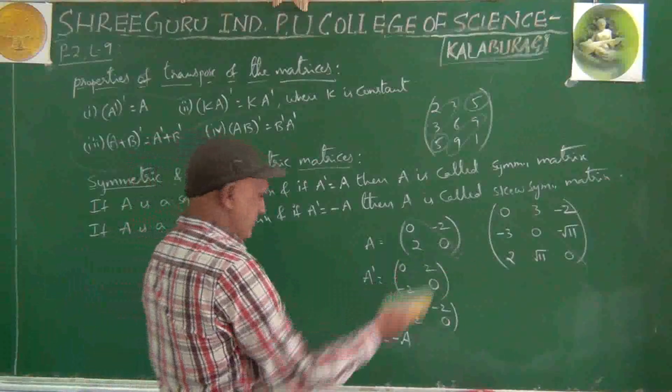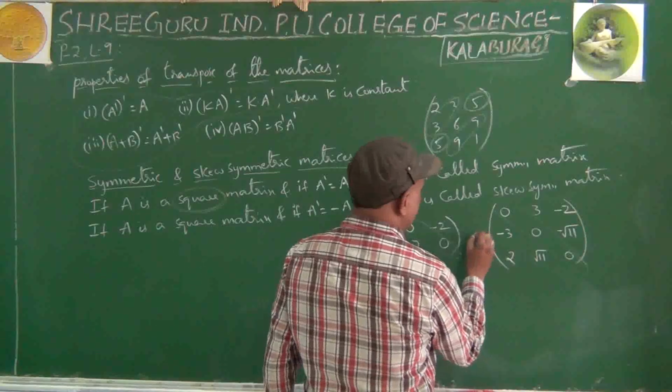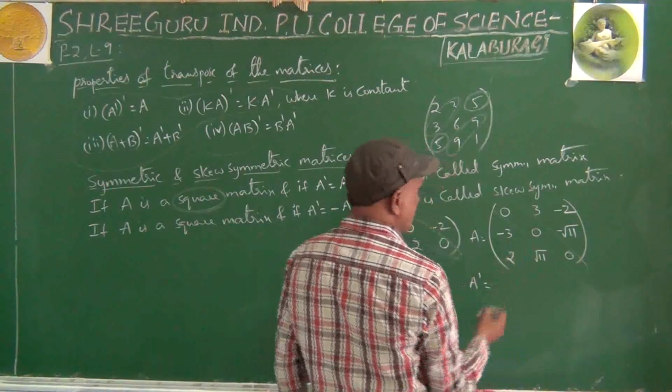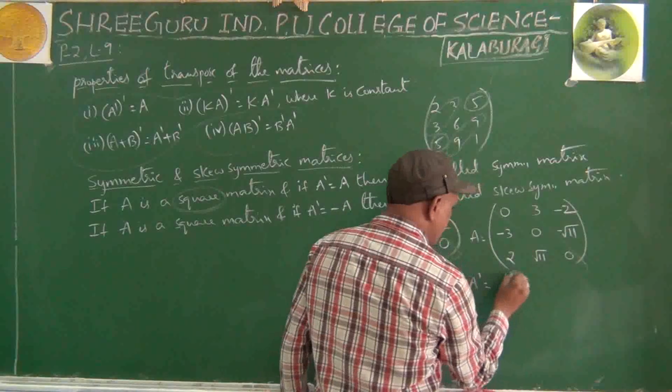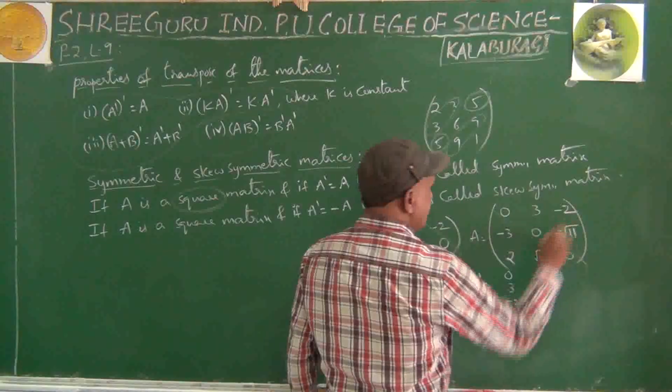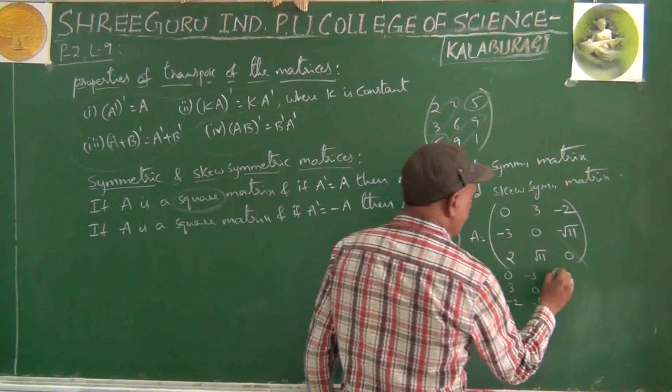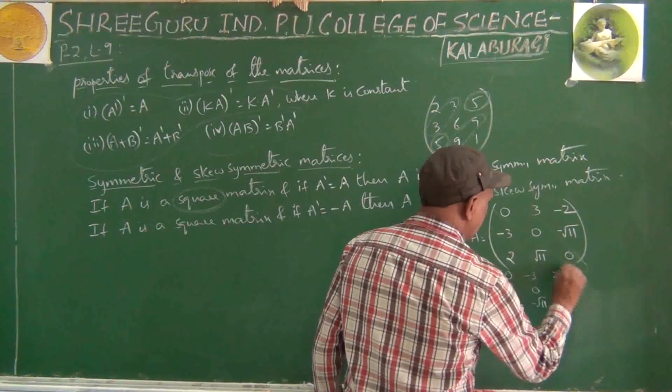Examples you can write; these many examples are there. This also: A equals to, A dash equals to. Let us find out A dash. First row becomes first column. Second row becomes the second column. Third row becomes third column. Okay.